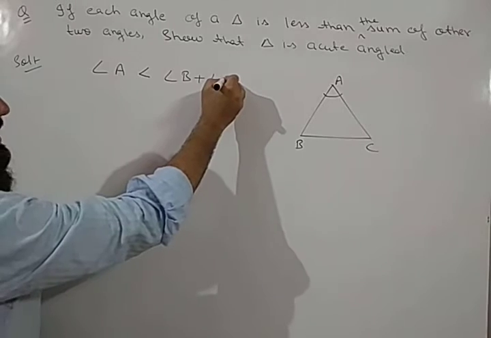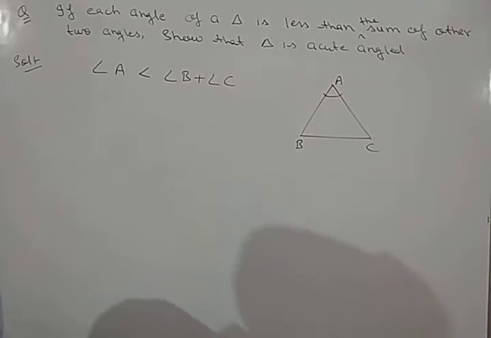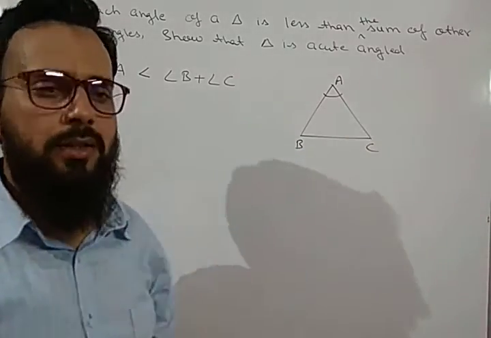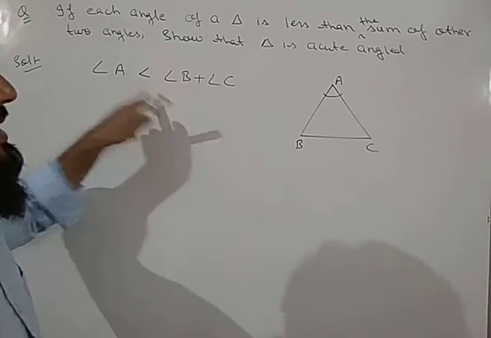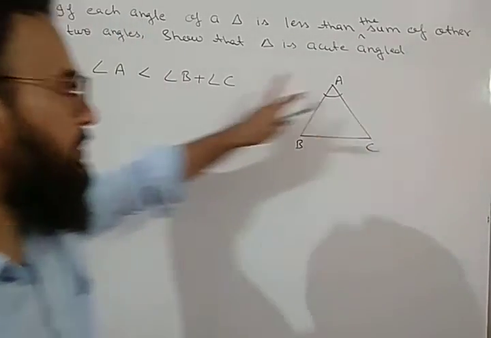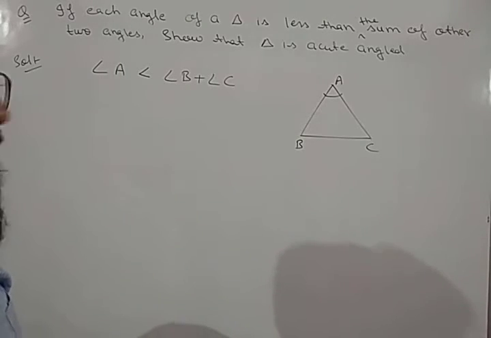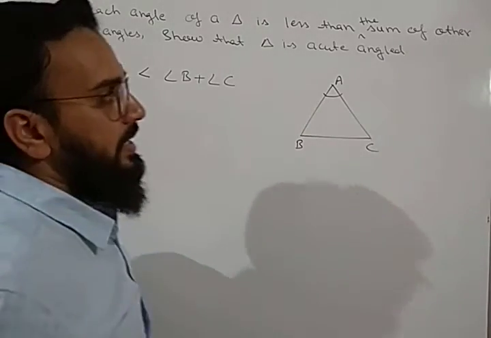It means angle A is less than angle B plus angle C. And this is given to us. I am just taking only one angle; we will solve for the others also. Okay, now what we have to prove? We have to show that the triangle is an acute angle triangle.